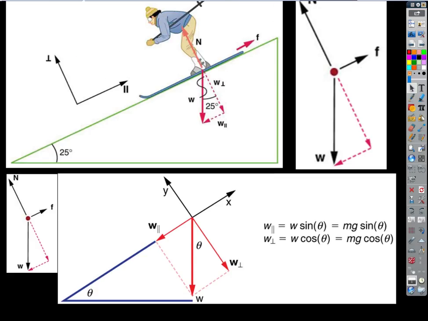We got to think about a little bit of geometry here. Does everybody agree, and let's just talk a little geometry for a second. If this is a 25-degree angle, then what if I extend that vertical vector down and make a right triangle out of it, right? We want to know what is this angle right here, okay?